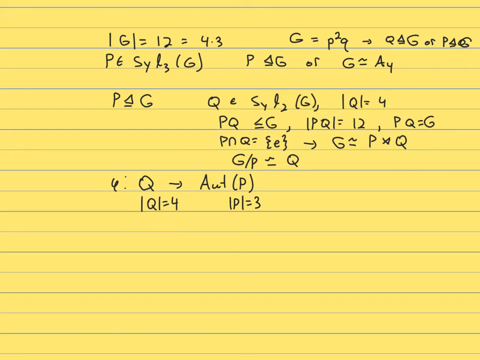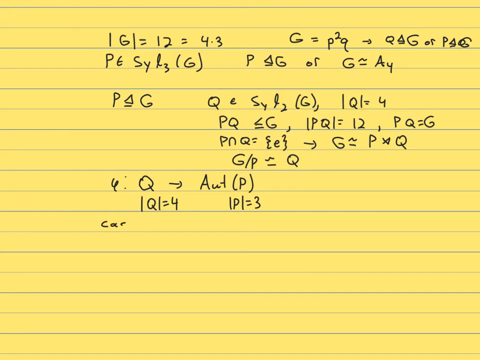Note I'm not following the book exactly because the book is using notation T and V here, but I'm being consistent with the P's and Q's we were using in Sylow theory and the P's and Q's I was using in the last video. I want to remain consistent with that for all the examples. Although I have to admit, if I was more consistent, I'd always make sure Q corresponds to the larger prime. So it should be Q for 3 and P for 2, but I'm sorry about that.